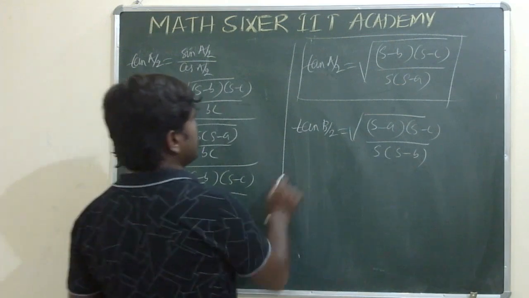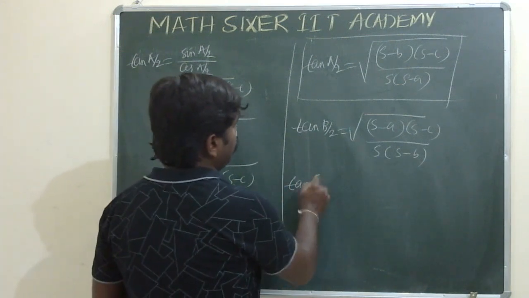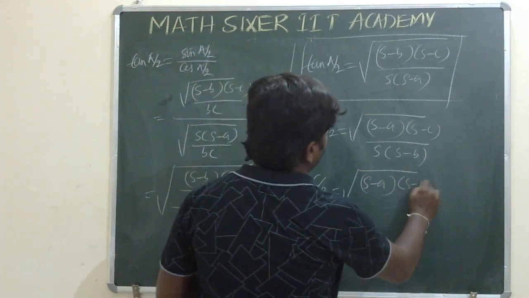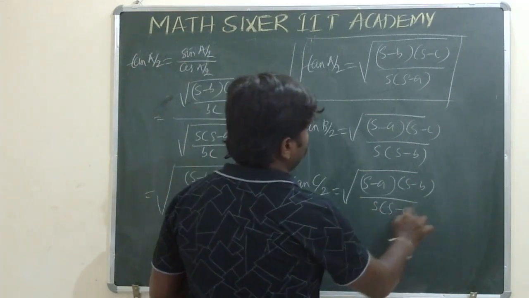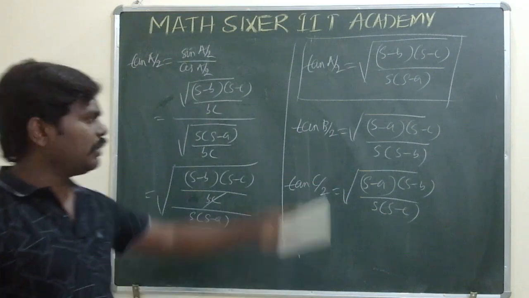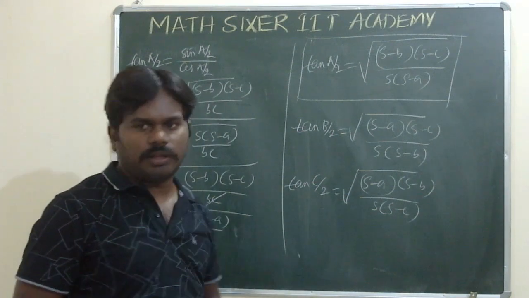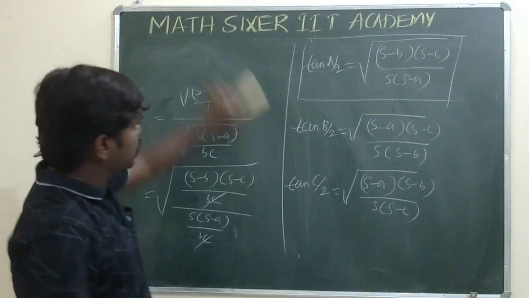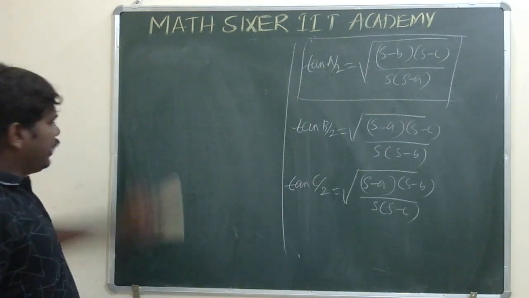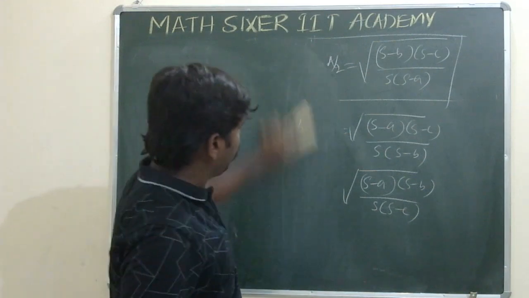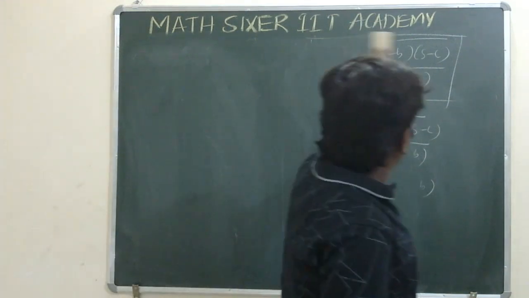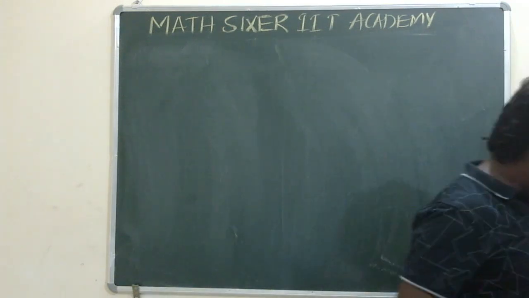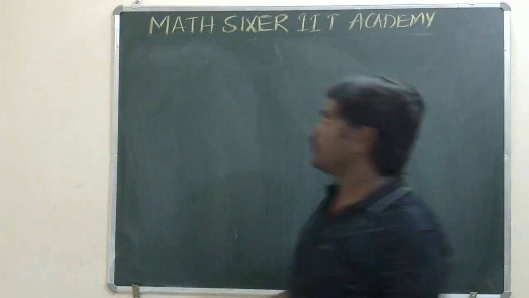So next here, tan c by 2, when you want to write, here square root of s minus a into s minus b divided by s into s minus c. So these are the values of tan b by 2 and also tan c by 2. Okay. So that's all about the tan a by 2 and the remaining angles. Now we will see the area of the triangle. So area of the triangle.